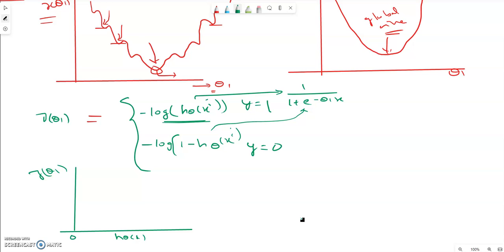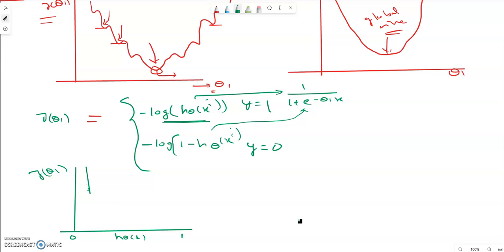Let's say this is 0 and we have 0 to 1. Now when y is equal to 1, according to this equation, our graph looks something like this.